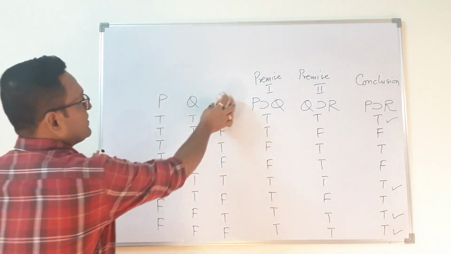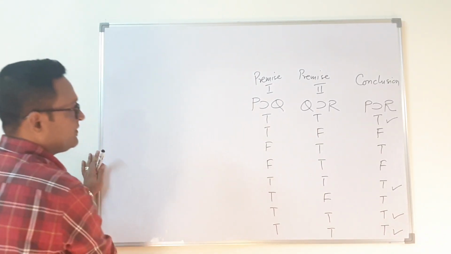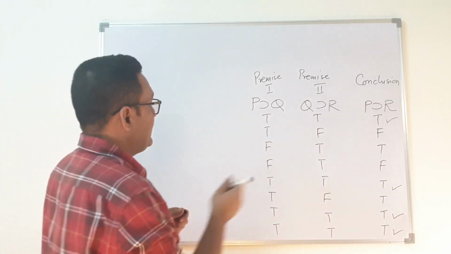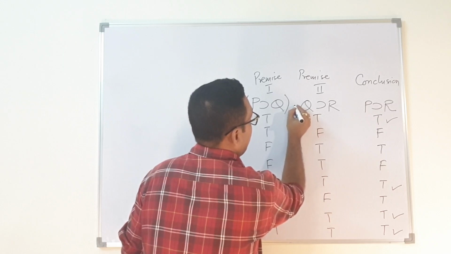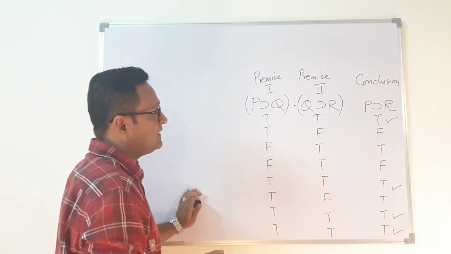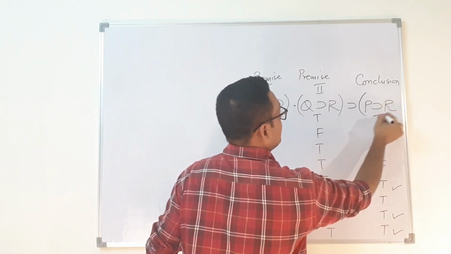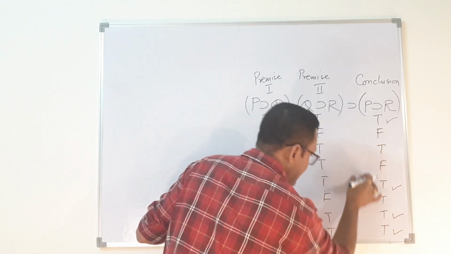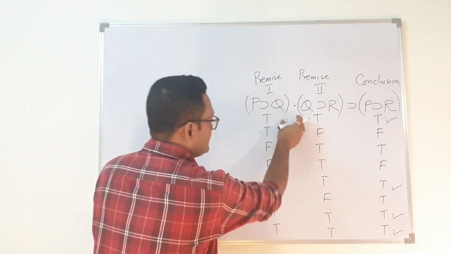So I remove this because this is of no use for us now. Now I make this P implies Q as one premise, and I put an AND function. Q implies R is the second premise, and here I will put an implication for this. So this has to come out as a tautology. This is another way of checking. But first let us draw this.